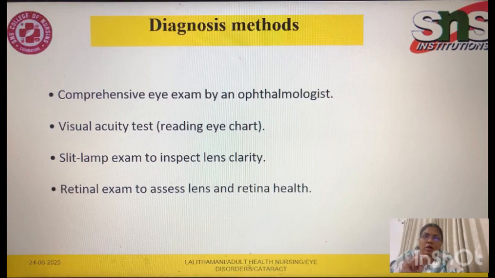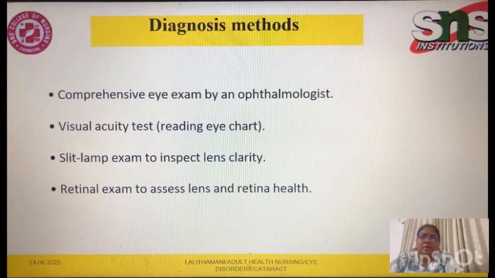So when there is a cloudy nature, we may suspect that the transparency of the lens is being lost, and it is happening with the cloudy look. So automatically the patient will be having a blurred vision and a yellowing vision. Everything will be seen as we have discussed.